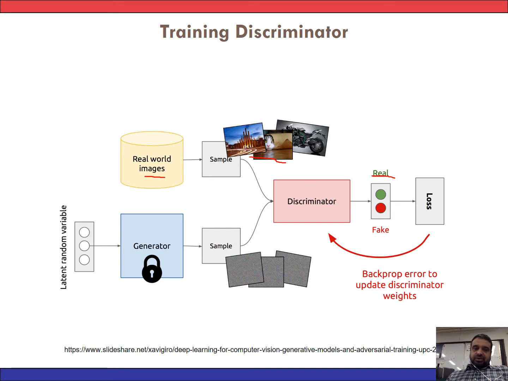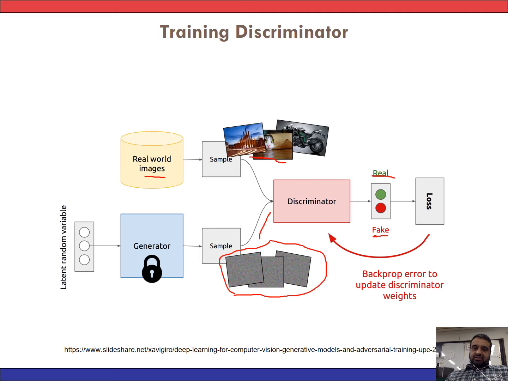Similarly, we provide the noise as input to the generator part, and the generator uses its initial random weights to generate images. These are the images initially generated by the generator. We provide them to the discriminator, and the corresponding label is given here, that these are fake, the generated images.